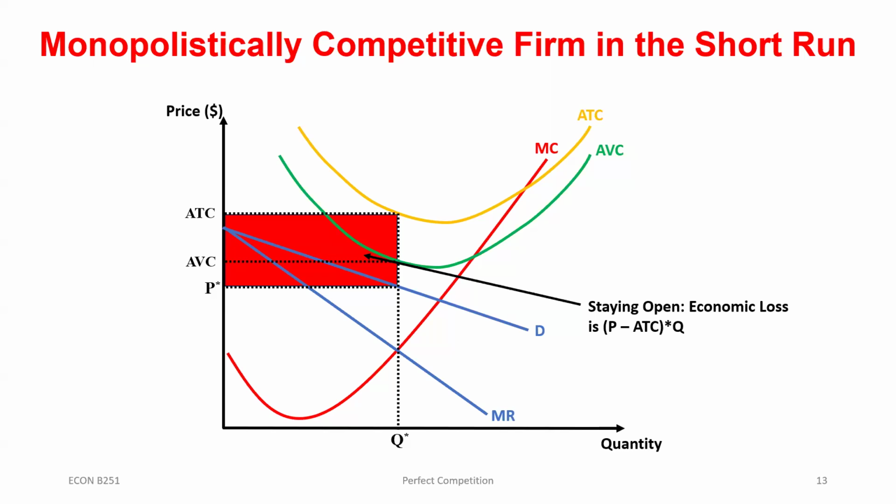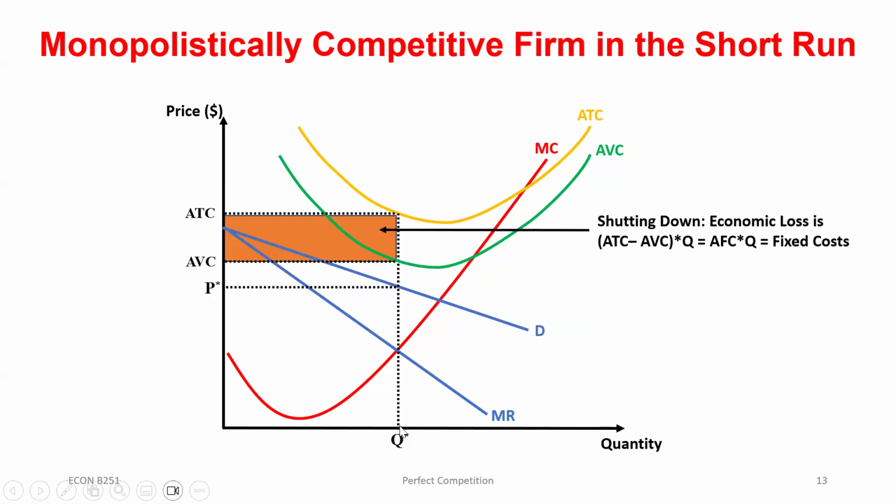So if I look here, what's the difference between my average total and my average variable costs? It would be the height of this rectangle times the quantity at that point. If I shut down, that would represent negative whatever my fixed costs are. So if I shut down, here are my profits, simply negative whatever my fixed costs are.